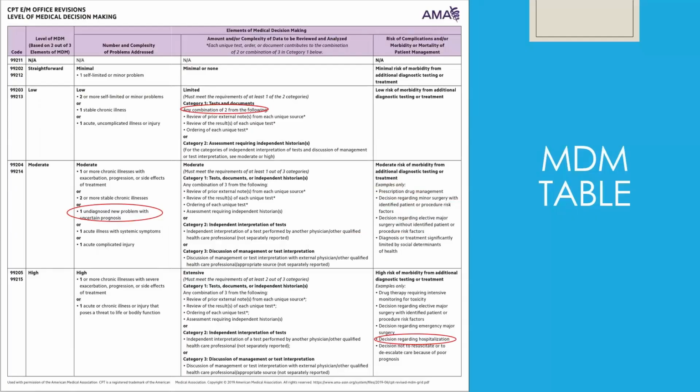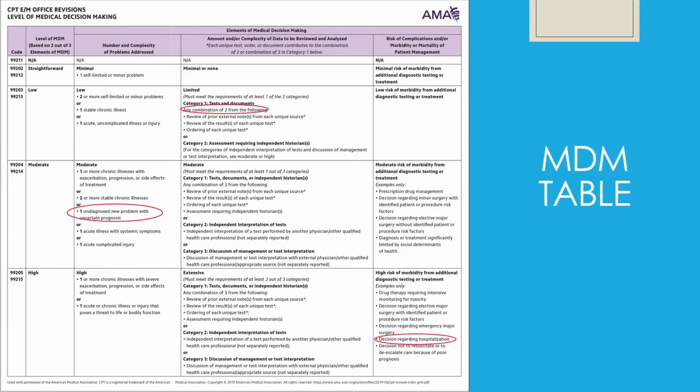So at this point, you'll want to look at your medical decision-making table. You have 3 elements that we've already discussed: complexity of problems addressed, data to be reviewed and analyzed, and risk of morbidity and mortality of patient management. And in this particular scenario, we have an undiagnosed new problem with uncertain prognosis, whereas the provider is wanting additional workup to get a definitive diagnosis.